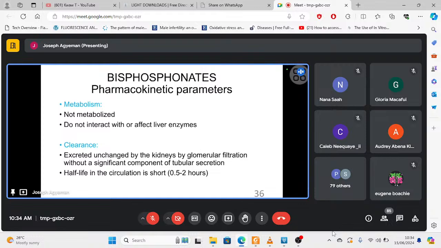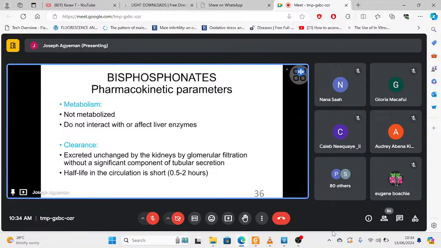They are excreted renally, mainly by glomerular filtration. A negligible amount comes out through tubular secretion. You know ultrafiltration, you know tubular secretion, you know tubular reabsorption. So some drugs are excreted via tubular secretion, others by GFR.